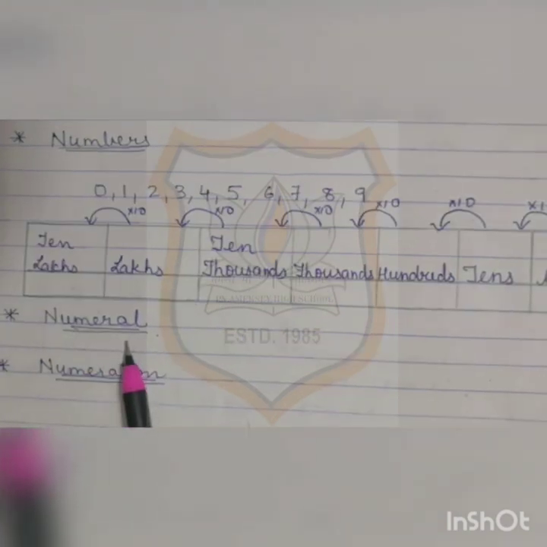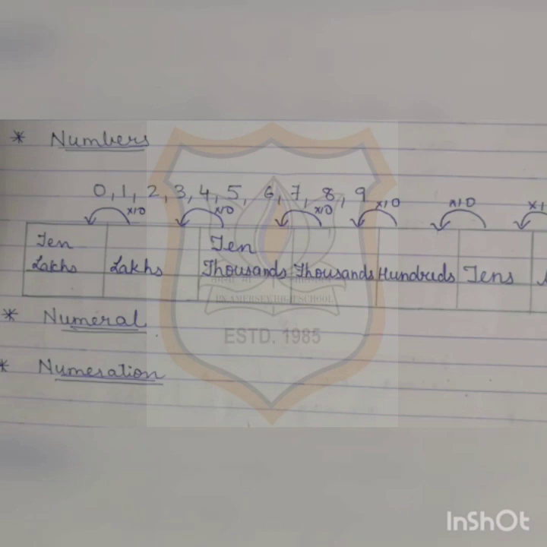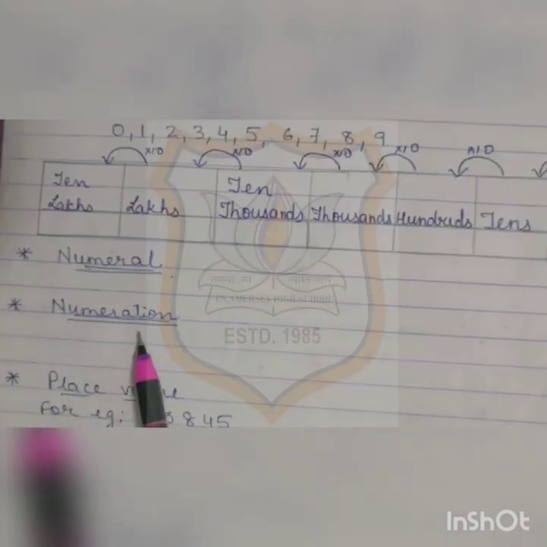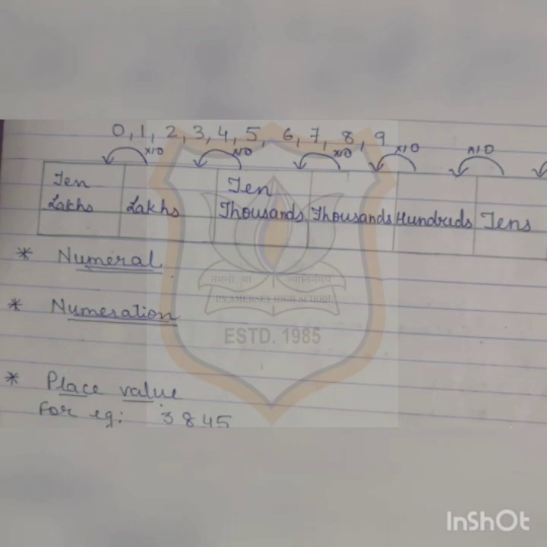Next is numeral. Now what is a numeral? A single digit or a group of digits representing a number is called a numeral. Now next is numeration. Numeration means writing a number in words.